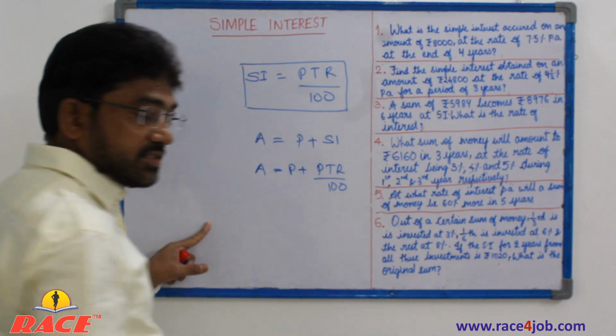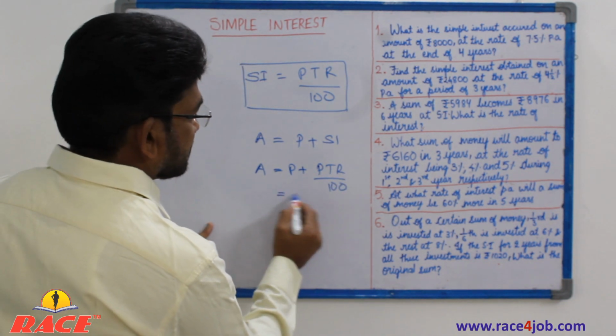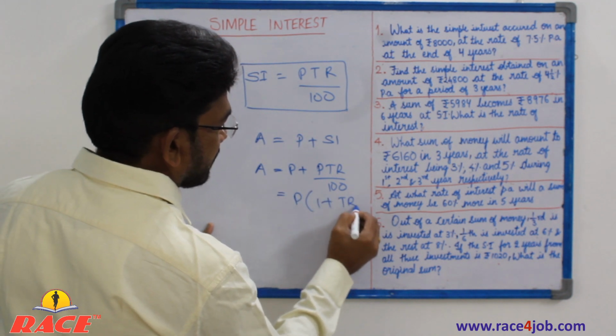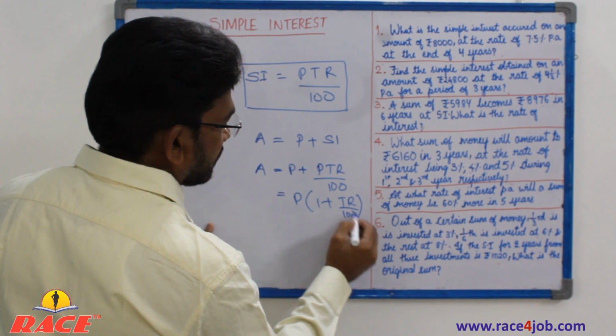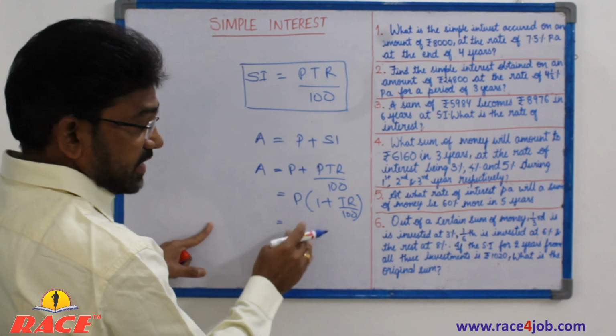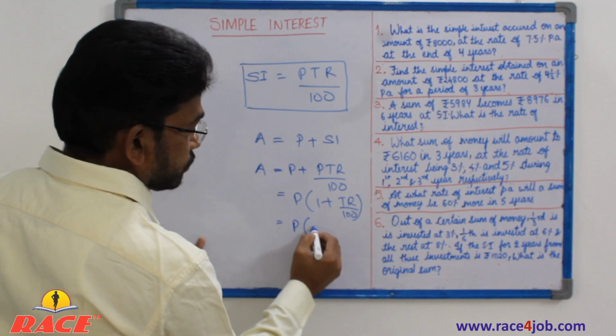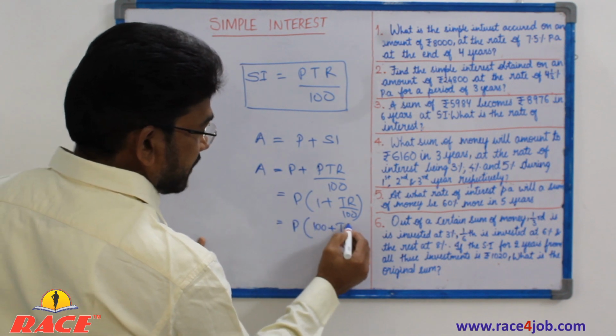Let me further simplify. I take P as common: P into 1 plus TR by 100. So this is 100 plus TR by 100, and further I can write P into (100 plus TR) by 100.